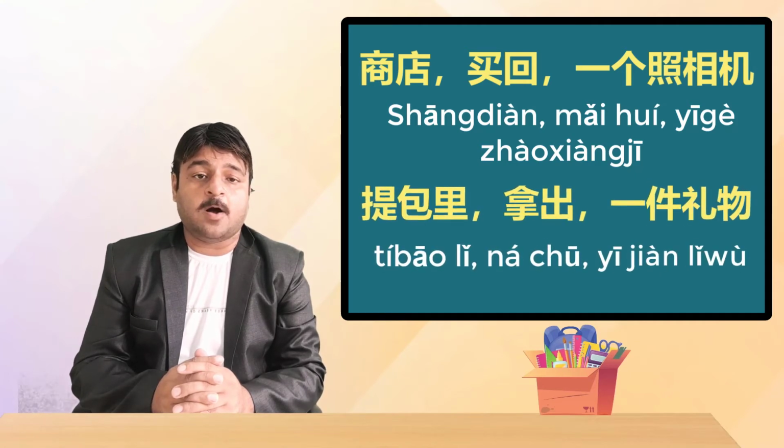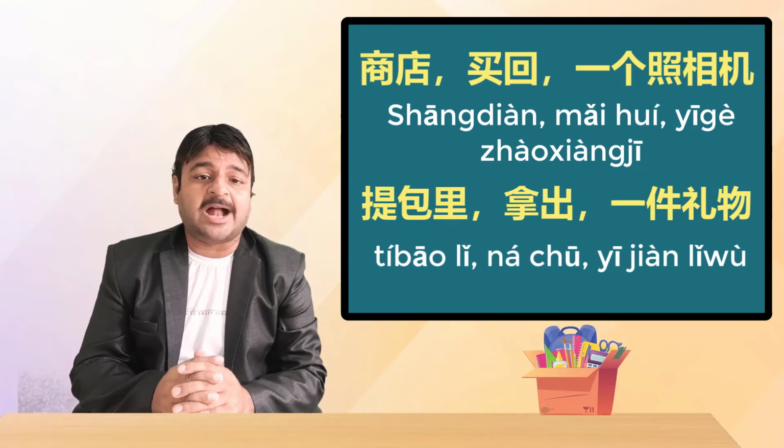Ti bao li. Ti bao is a handbag. Li, inside, from inside the handbag or inside a small bag. Na chu, carried outside. Yi jian li wu. Li wu is a gift. He, from inside his handbag, carried out a gift. These were the substitution drill.